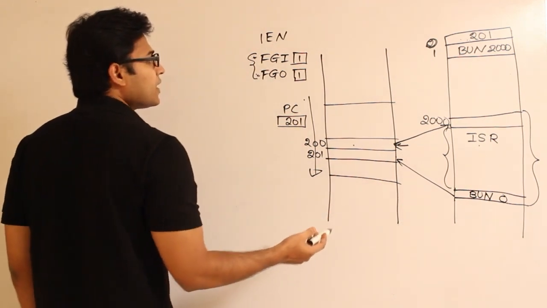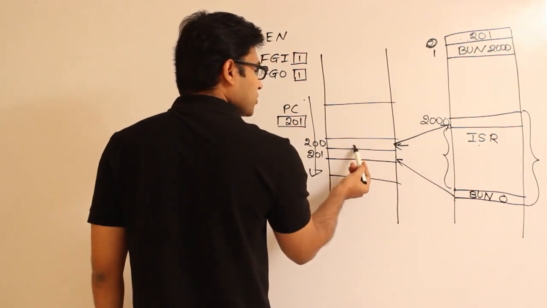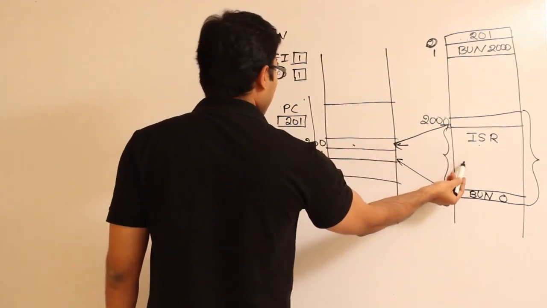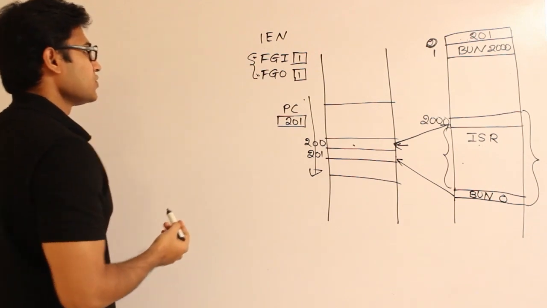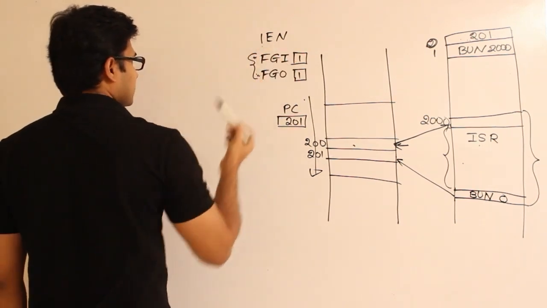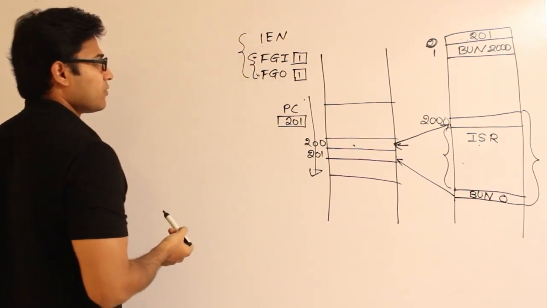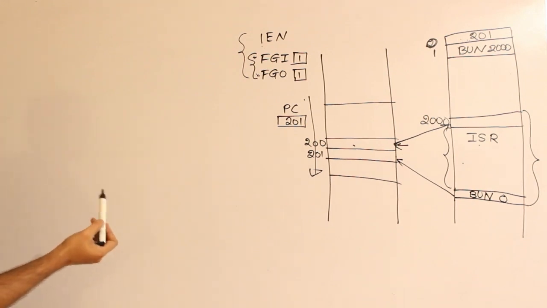So whenever you go from user mode to super user mode, you are supposed to make it 0. So we are going to use this flag as well. Using these 3 flags, I am supposed to know whether I should raise an interrupt or not.